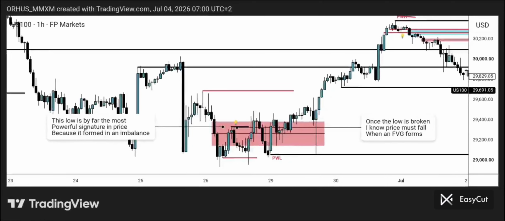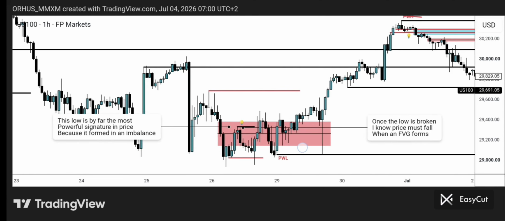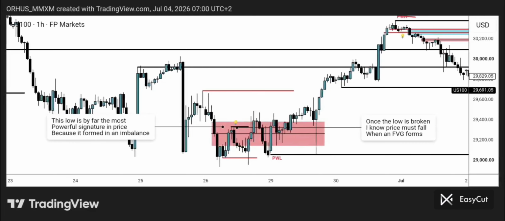And what did you see onwards? We saw price begin to gravitate to the upside. Once this high is broken, I know price must rise when a fair value gap forms.